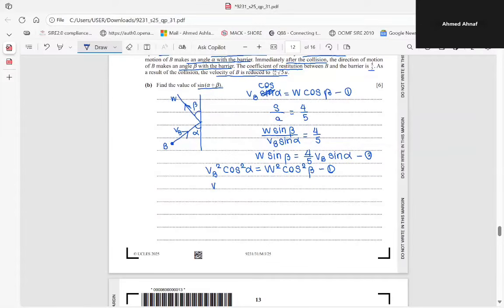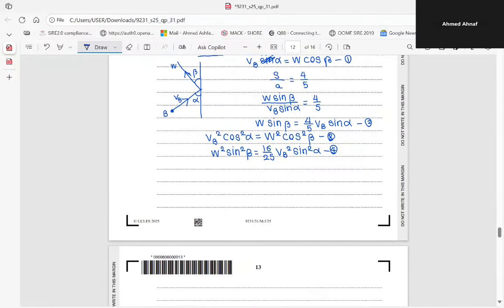And then the second equation would be W squared sine squared beta equals 4 over 5 squared, that is 16 over 25, VB squared sine squared alpha. So this is the third equation, this is the fourth equation. So to make this into an equation in one variable, we're going to use our trig identities.